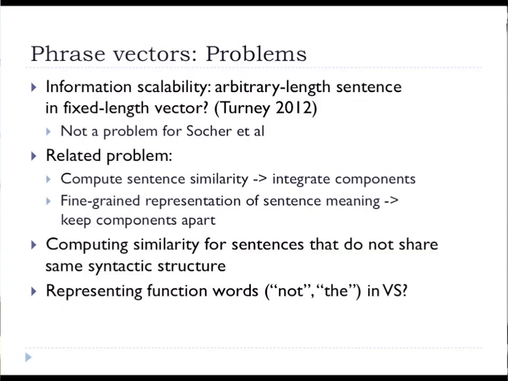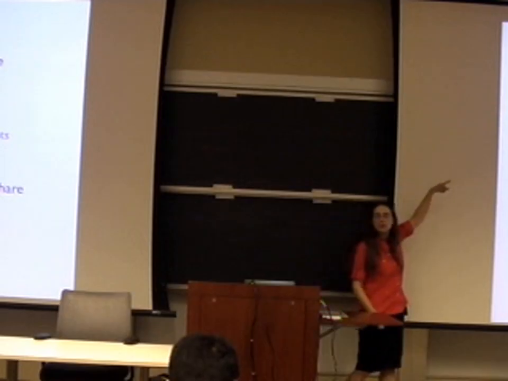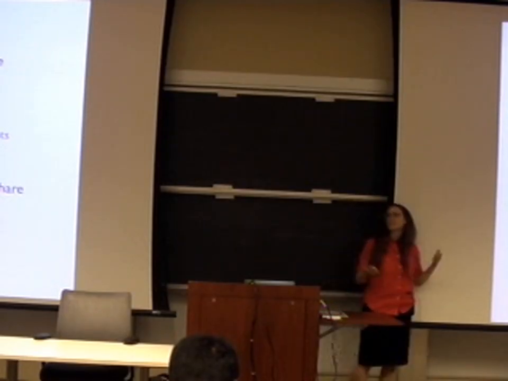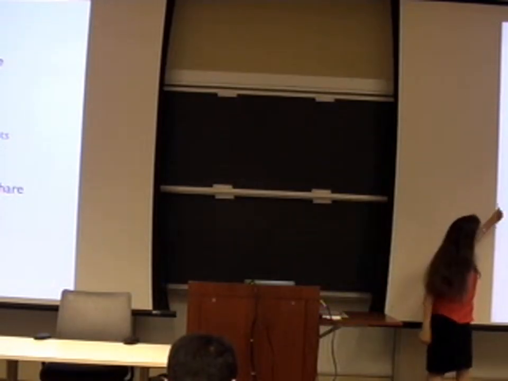There are a lot of problems actually with these phrase vectors, I think. One is human language sentences can be as long as they like. And if you have a vector or tensor of fixed dimensionality, how much can you fit in? And how much information loss do you have as your sentences grow longer and longer? Which is not a problem for the tree of vectors approach, because that grows as needed.